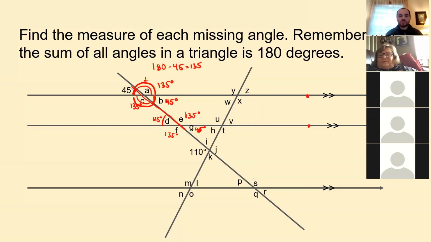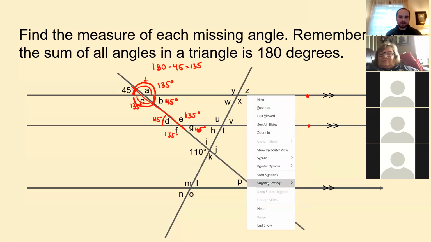Okay. There's one other set that is also on a parallel line that is cut by this transversal. Can anybody tell me which angles those are? So this is getting cluttered, hard to read. So I'm going to do some erasing.